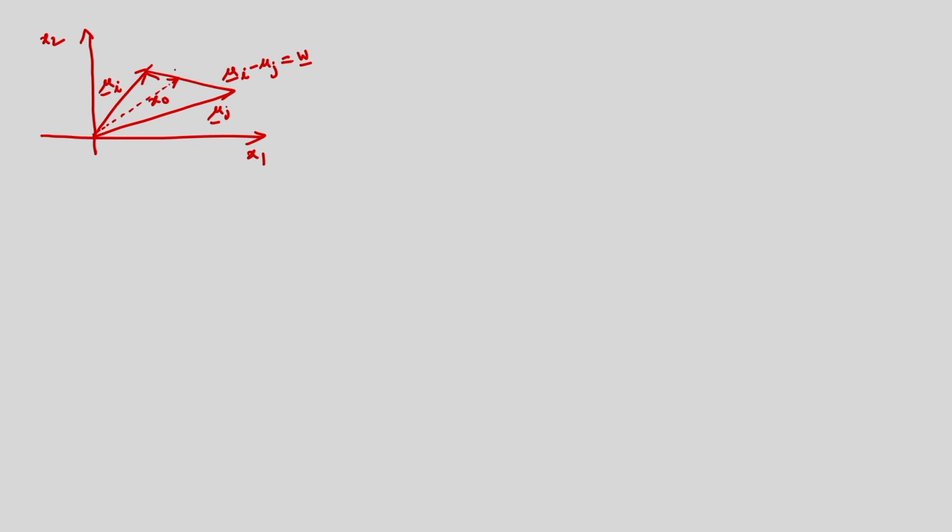So if I consider a hyperplane, suppose this is my hyperplane. Maybe I can consider another color so that you can understand. So this is my hyperplane, and it is orthogonal to the vector w, that is, the vector mu I minus mu j.